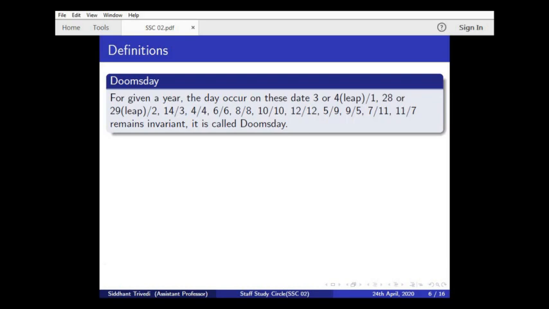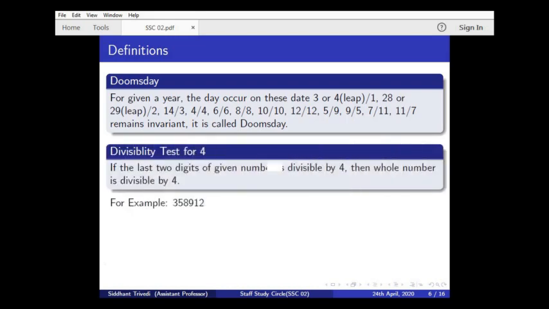That day is called Doomsday. Note that the dates given above are in DDMM format. For better understanding, you may see the calendar at your home.